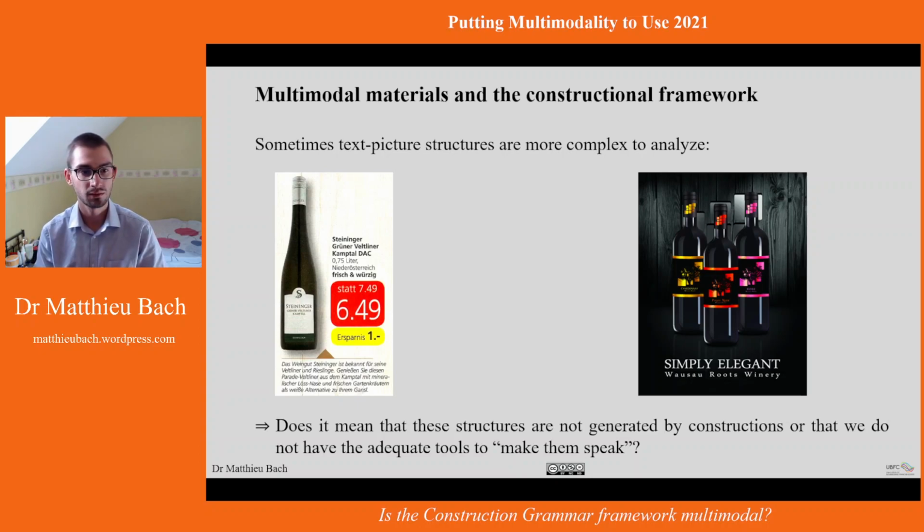So I think that we can say that there are many constructions like, let's say, the sensorial construction, frisch und würzig, then you have a first component and a second component, and it's the minimal sensorial description that you will find again in the more complex description of the wine.